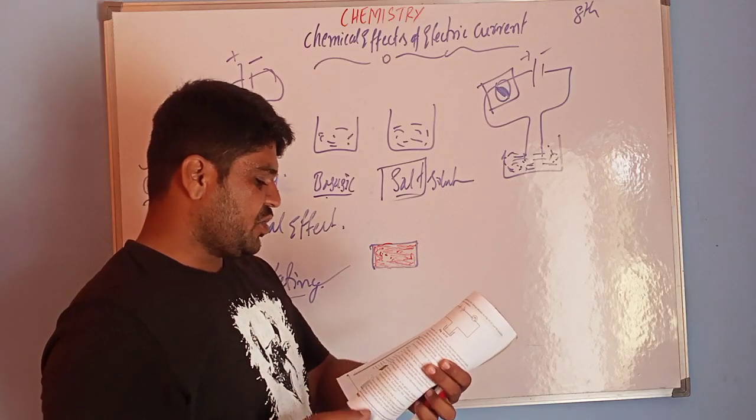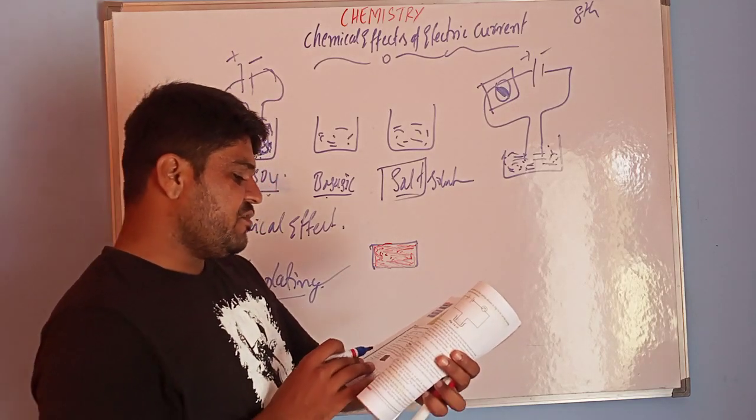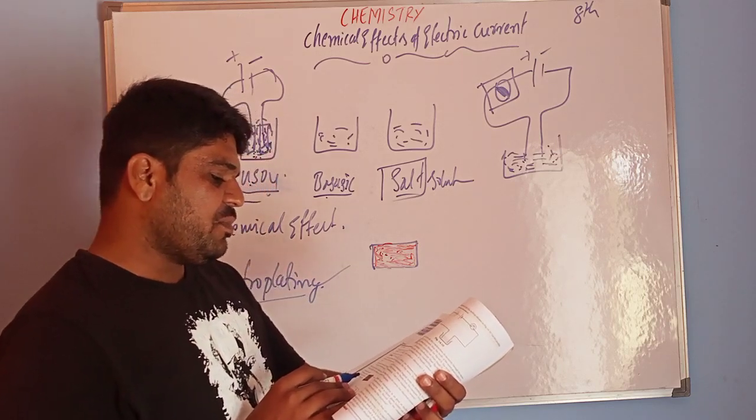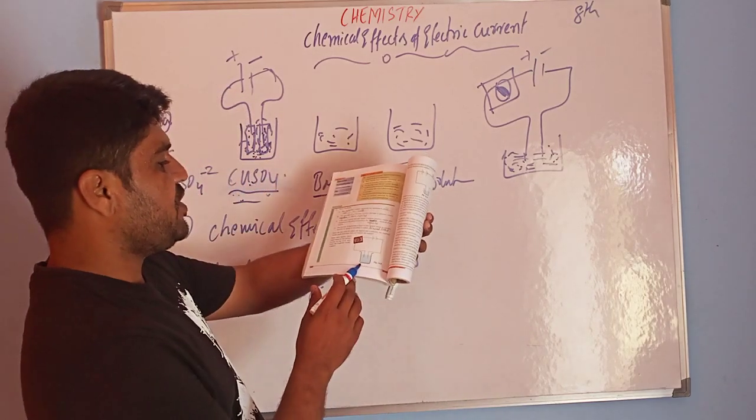Third question. Name the three liquids which, when tested in the manner shown in figure 14.9, may cause the magnetic needle to deflect. See, this is the picture.